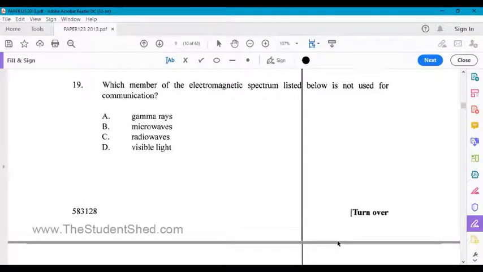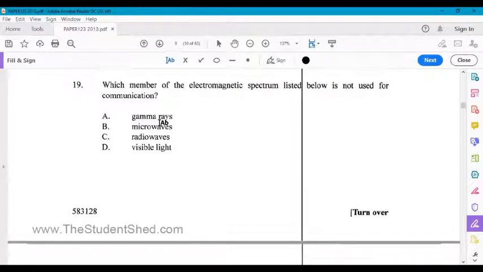All right, number 19. Which member of the electromagnetic spectrum listed below is not used for communication? Okay. Microwaves, radio waves. Microwaves might not be as obvious. They are used for more than warming up your food. Okay. Microwaves are what are used in our cell phones and our computers.